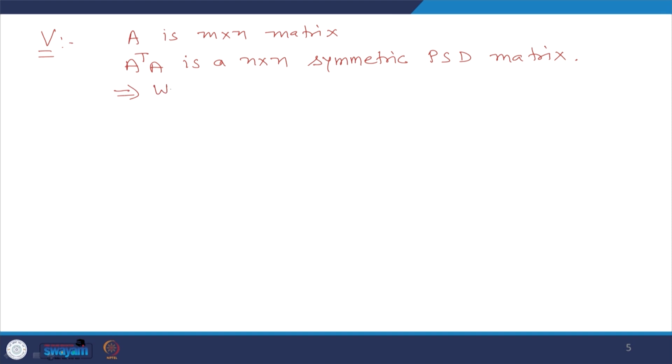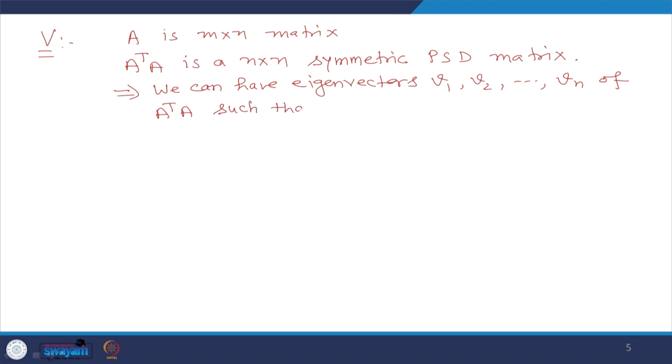We can have eigenvectors v1, v2, up to vn of A transpose A such that A transpose A v_i equals sigma i square v_i. Why am I writing this sigma i square?